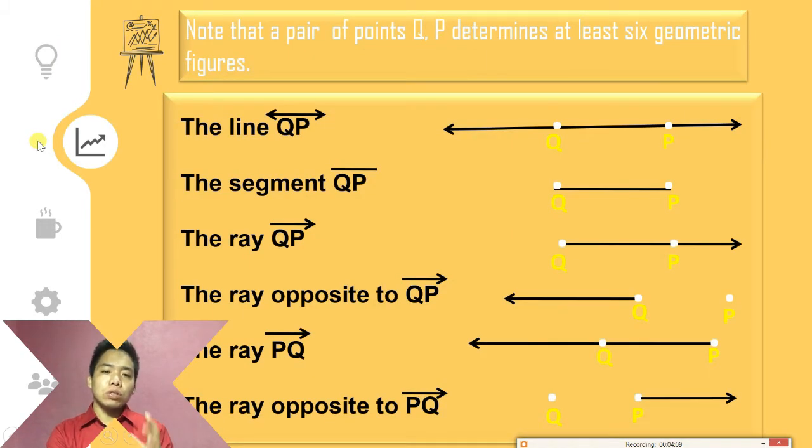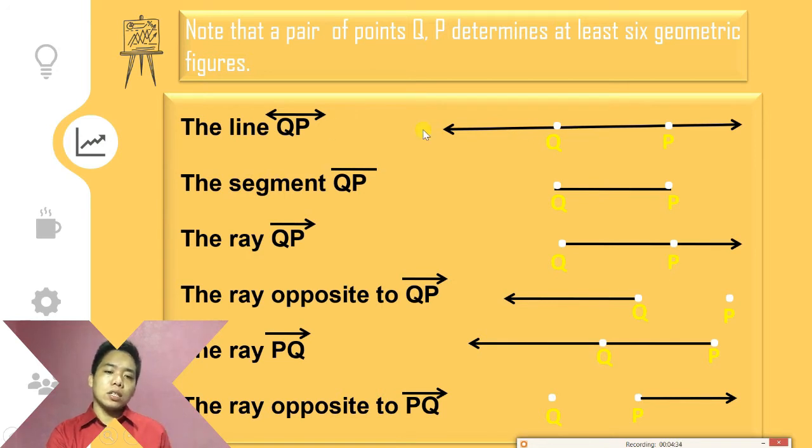Note that a pair of points, Q and P, determines at least 6 geometric figures. Two points can form many figures, not only a line, not only a segment, but 6 geometric figures. First, connecting Q and P, we can form a line QP.